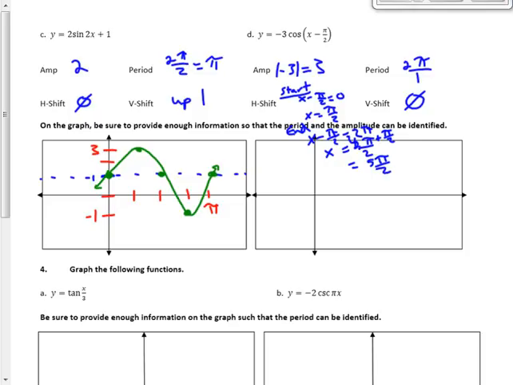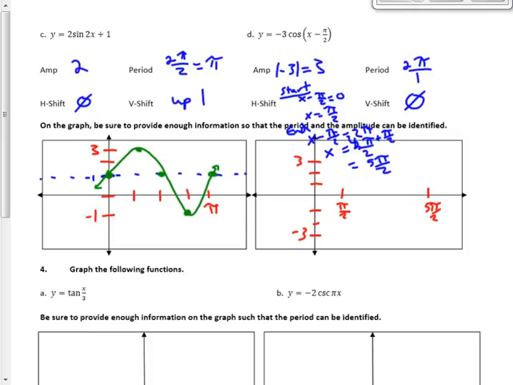So I have a starting point. Let's plug the stuff in. So amplitude of 3, 1, 2, 3. It didn't go up and down at all, so I don't have to worry about that. My horizontal shift is going to start at pi over 2. And it's going to end over here at 5 pi over 2.